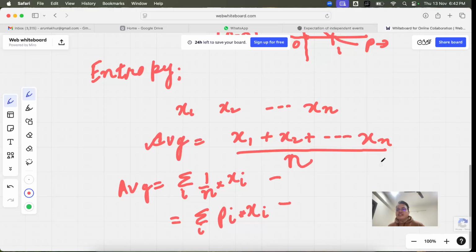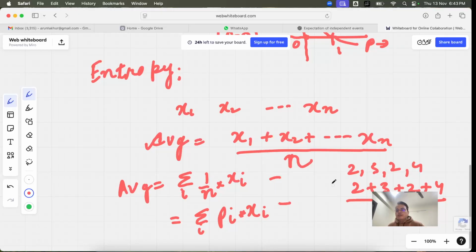To take a concrete example, let's say I have a set of numbers 2, 3, 2, 4. The average will be 2 plus 3 plus 2 plus 4 divided by 4.